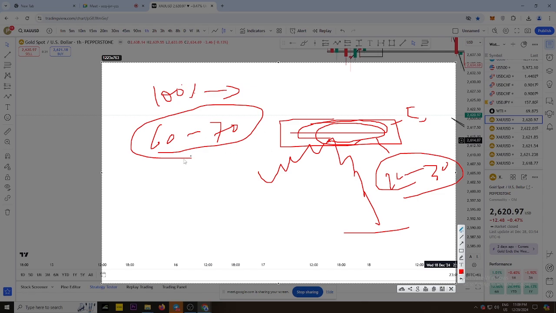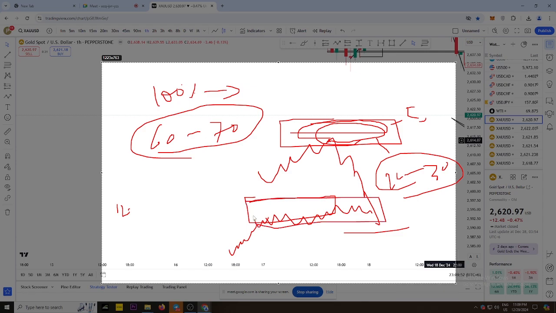In 15 to 20% of the time, it will be like this. It will go back to your entry area, it will tag you, and it will start struggling. If this thing happens, sometimes you will see 10 pips profit, sometimes 20 pips loss, and it will continue like 1 to 2 hours.